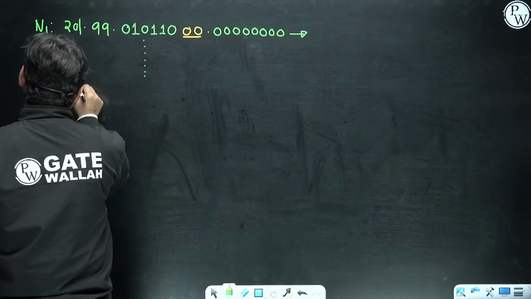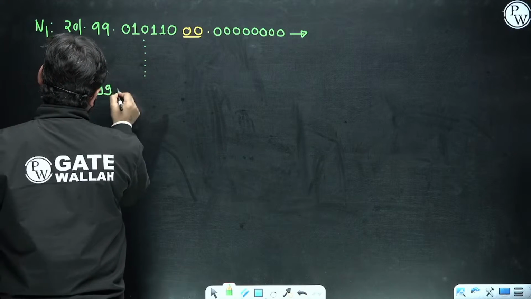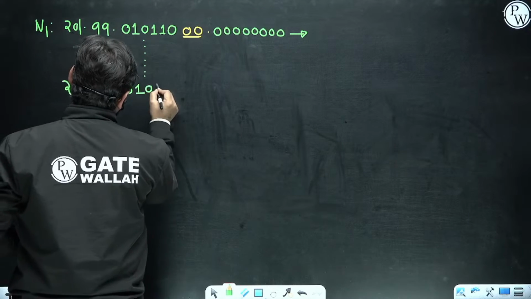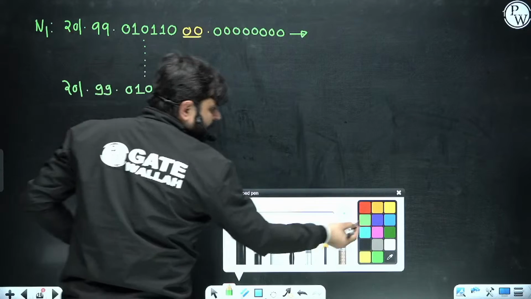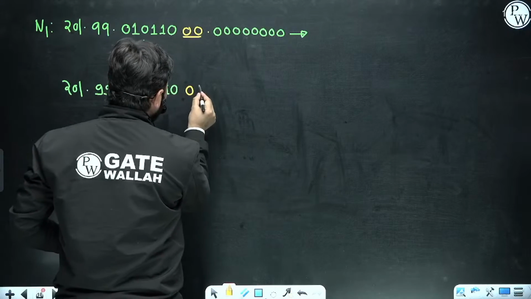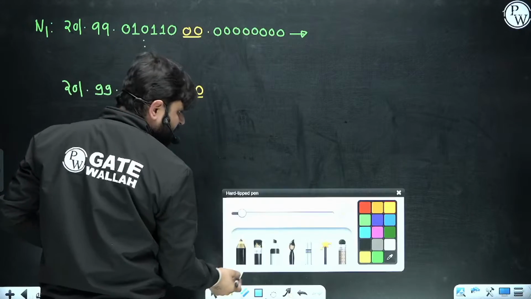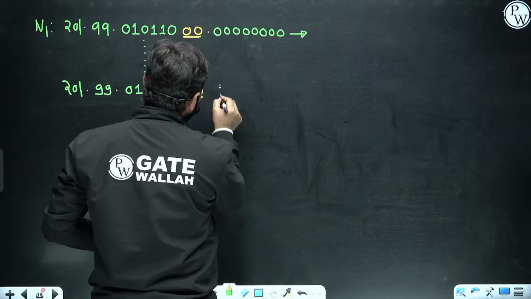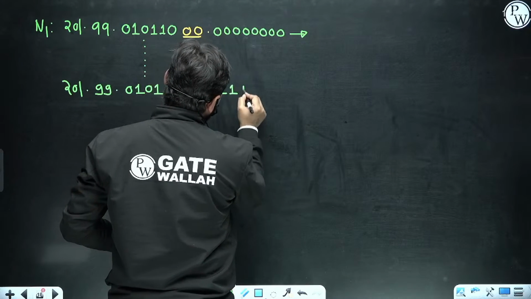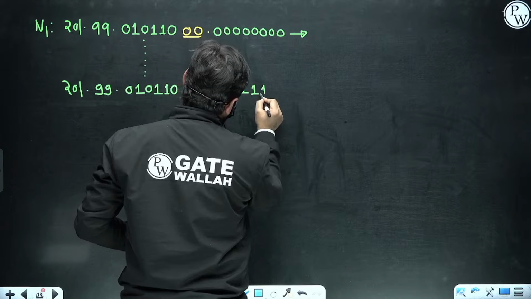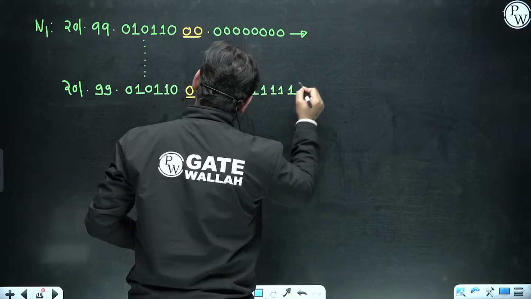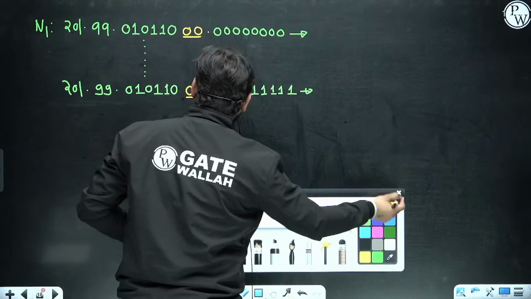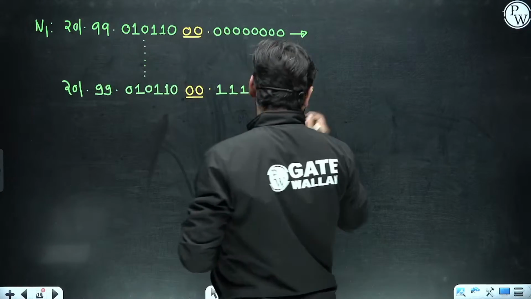201.99.010110, and this 00 will be fixed now. Last number means put all ones in the host ID part. Now tell me, what is the first number?